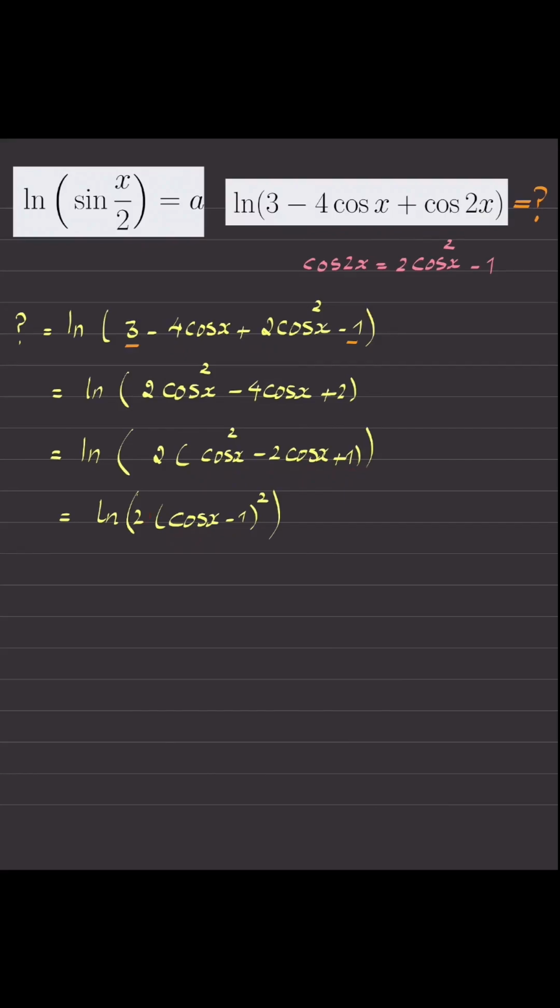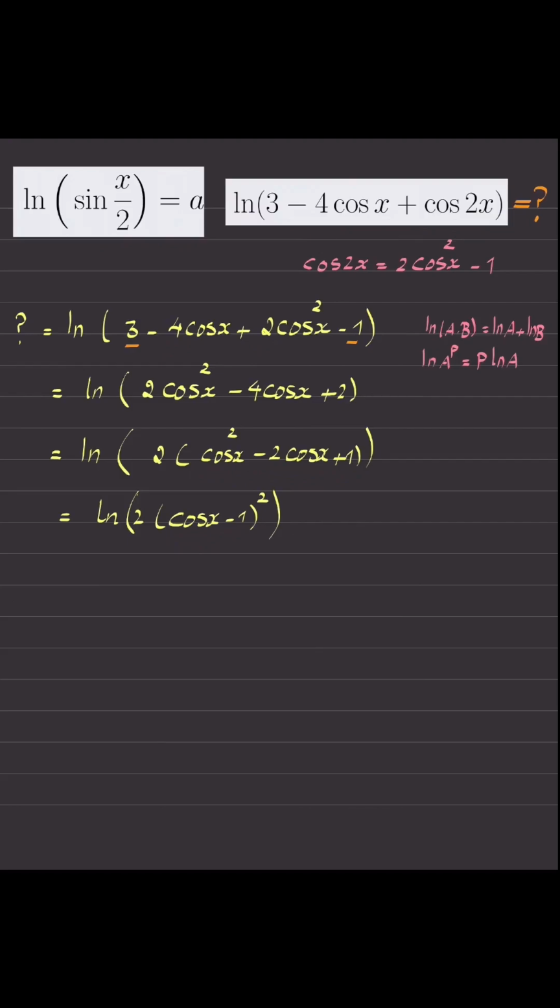We know that ln of a times b, if a and b are positive, can be written as ln of a plus ln of b. We also know that if a is positive, ln of a to the power p can be written as p times ln of a. For the second relation, it is crucial that a is positive. And for the first one, it's also important that a and b are positive, because otherwise ln of a or ln of b is not defined.